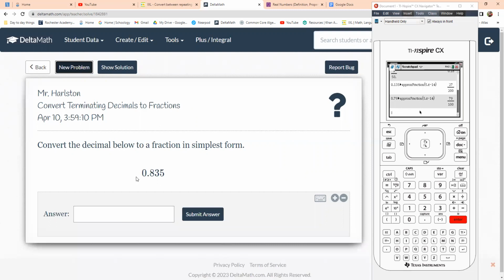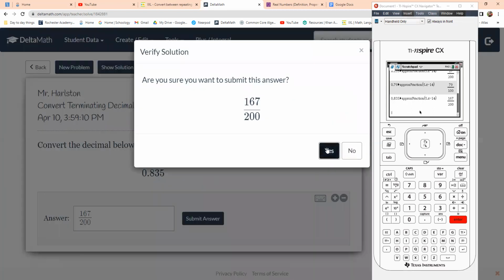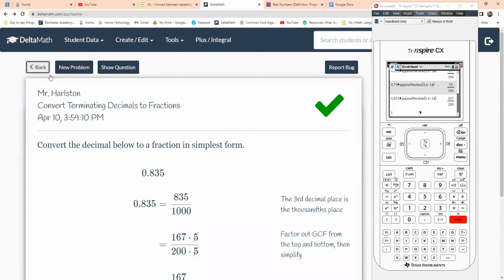New problem, 0.835. I think this will be the last one that I do of these. I want to convert that to a fraction. So I'll go menu 22, and then we got 167 over 200. 167 divided by 200. Bang, submit it. Wonderful. All right, let's go back, look at some other ones.